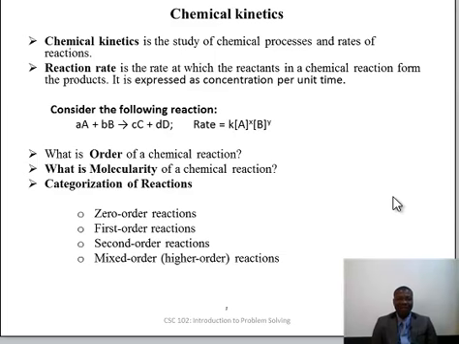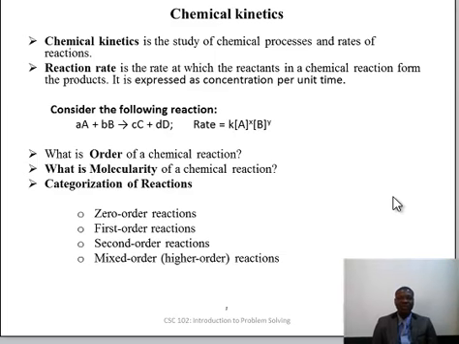Therefore, the rate can be written as k multiplied by the concentration of A raised to power x, multiplied by the concentration of B raised to power y. In this equation, x will be equal to a plus b, while y will be the addition of c and d.